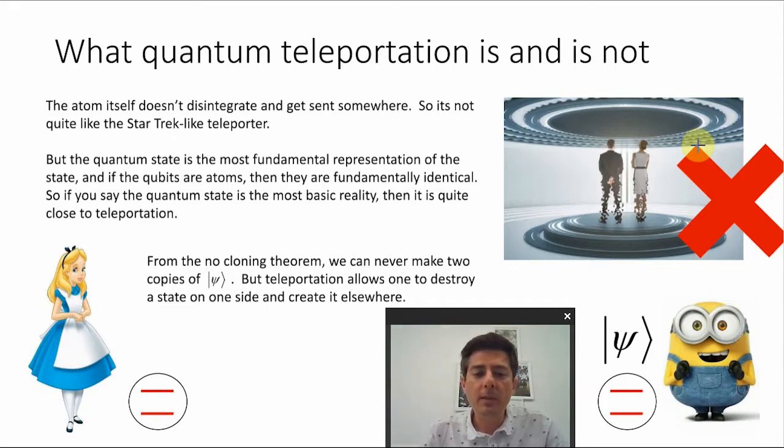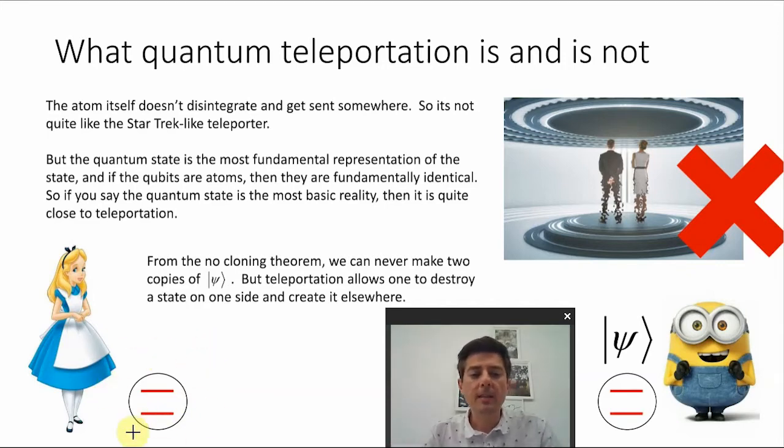In quantum teleportation, there's always a material substance which carries the quantum information, like an atom or some photon or some superconducting circuit or whatever it is. You always have the physical qubits at either end.